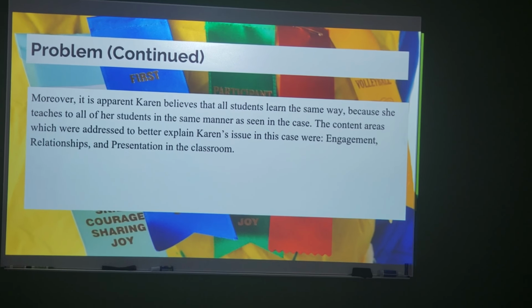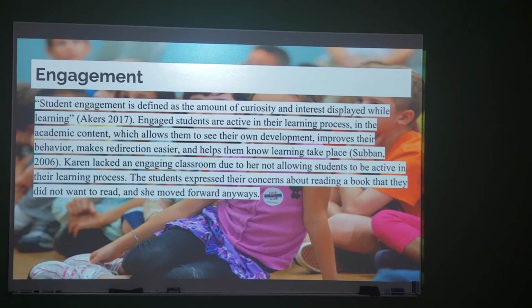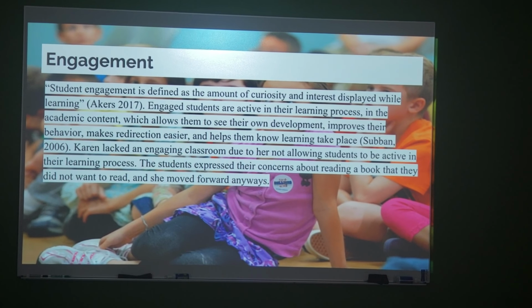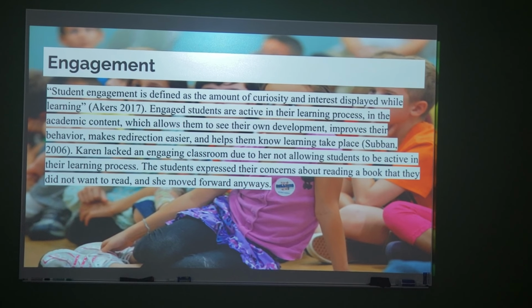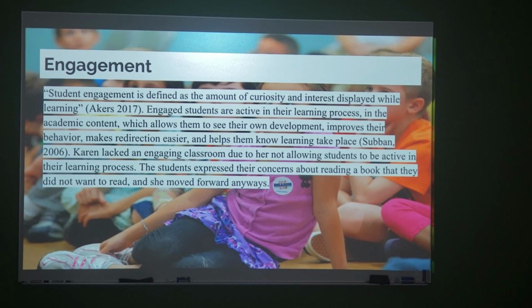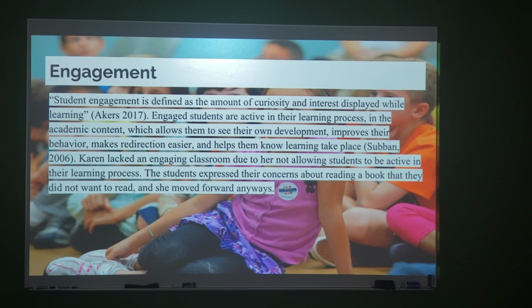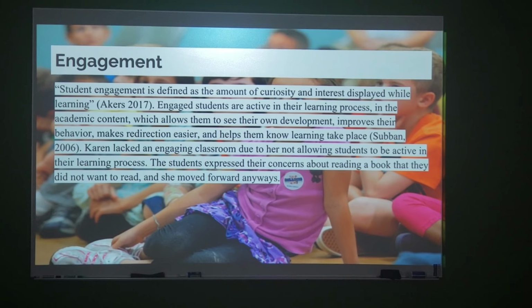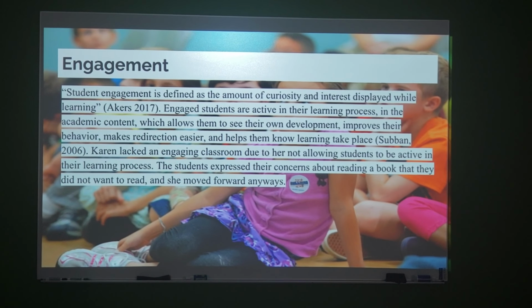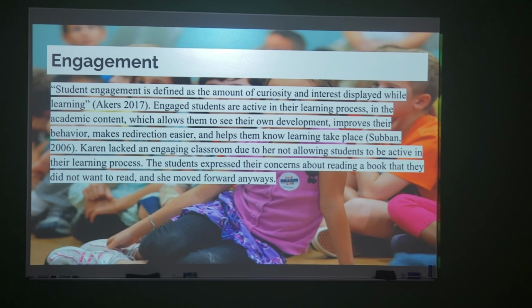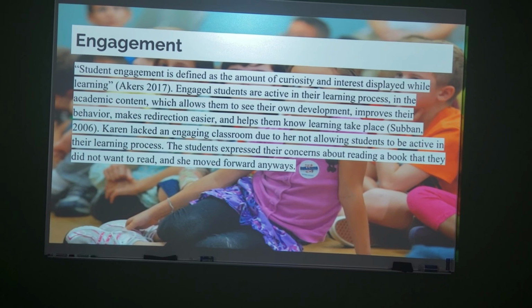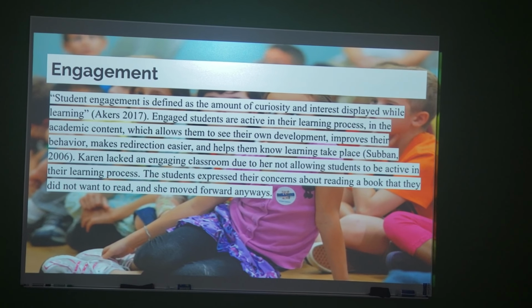To better do this, Karen would be encouraged to strengthen her engagement, relationships, and presentation in a way that will help her with the problem of the one-size-fits-all mentality. Peaches will now come and give you an idea of the 3 content areas that we researched and reviewed that would give us some idea of how we can help her.